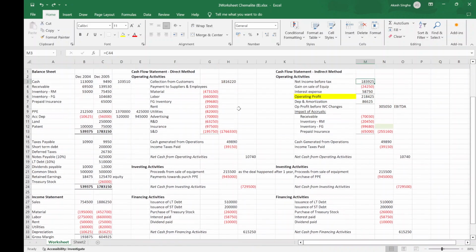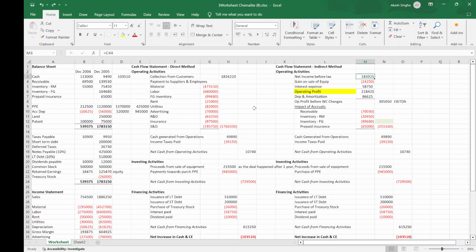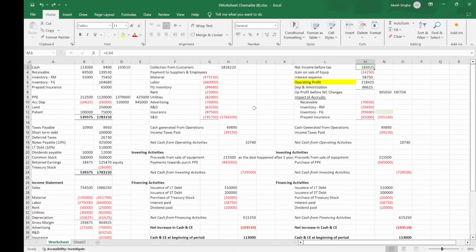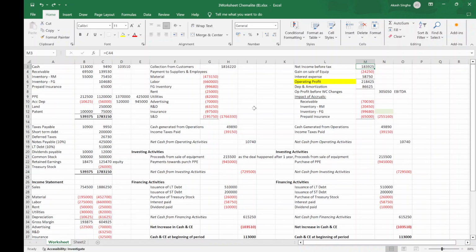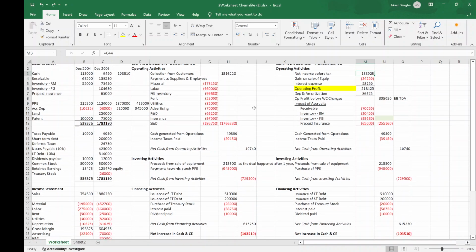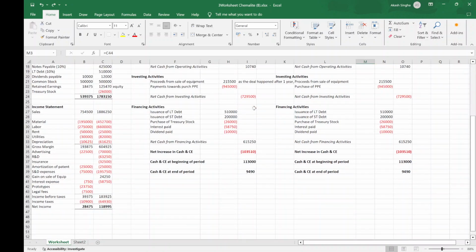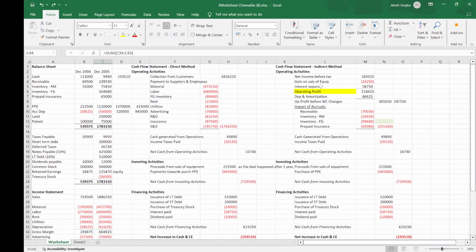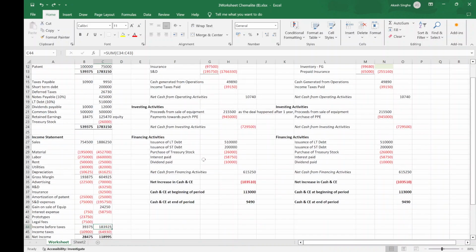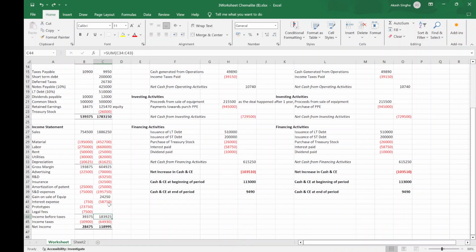So net income before tax is already given, right? Sorry, net income before tax is, yeah, earnings before income tax. So income before tax is given, we're writing it down. And then gain in other, so it's other income or gain on sale of equipment. So those kinds of things are there.